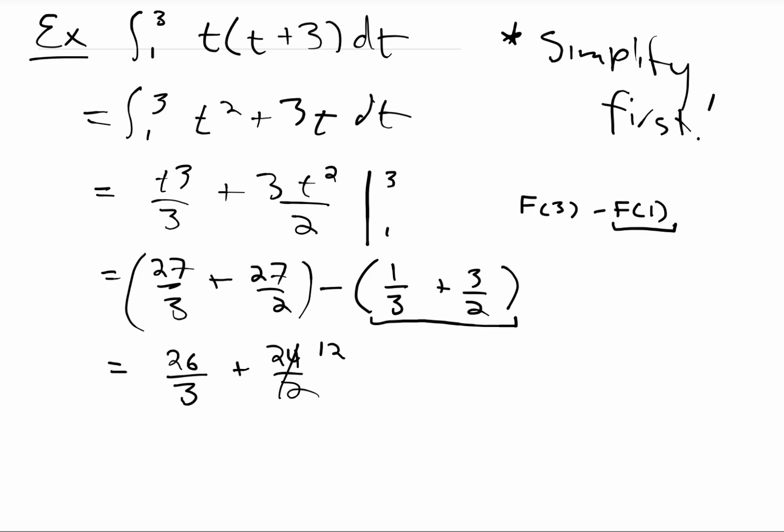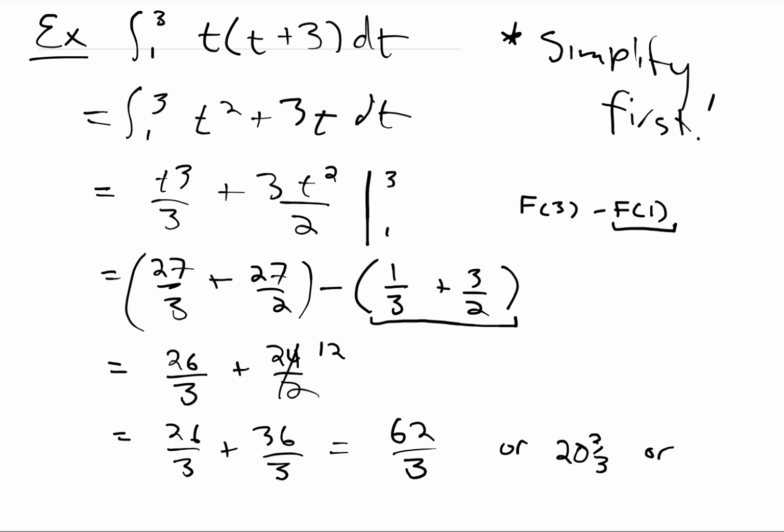If I want a common denominator, I can multiply my 12 by 3 over 3. I'll get 26 thirds plus 36 thirds. If I add that together, that's 62 over 3. Or, alternatively, if you like your mixed fractions a lot better, you could say 20 and 2 thirds, or if you like your decimals a lot better, you could say something like 20.6 repeating. Okay?